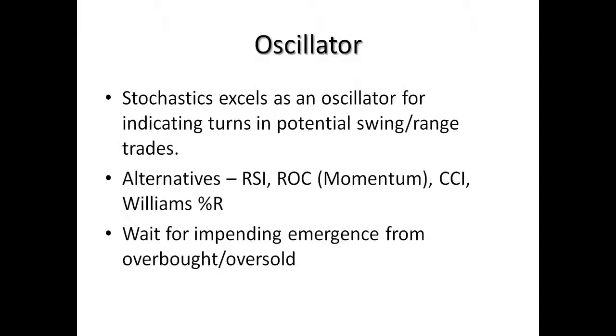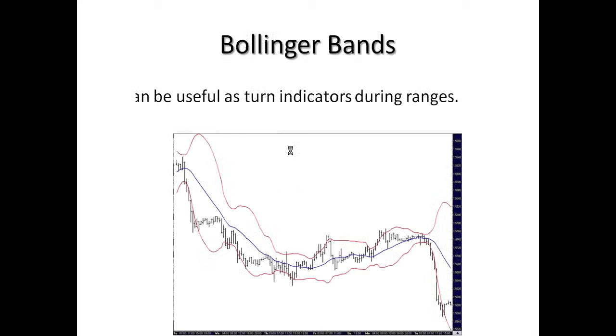Now, when the oscillator is in the middle between overbought and oversold, I don't care about the oscillator. I'm not even looking at it. I'm looking at it possibly for divergence purposes, but for any other momentum purposes, I don't care because it's not in overbought or oversold. At that point, it's not telling me a lot. Okay, that's the oscillator. Bollinger Bands also, you could use within ranging situations.